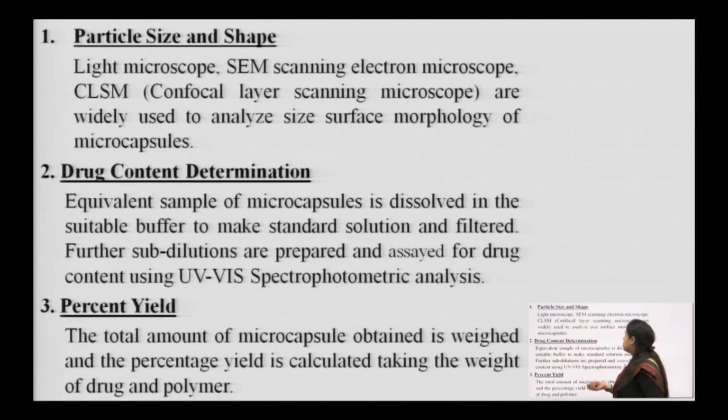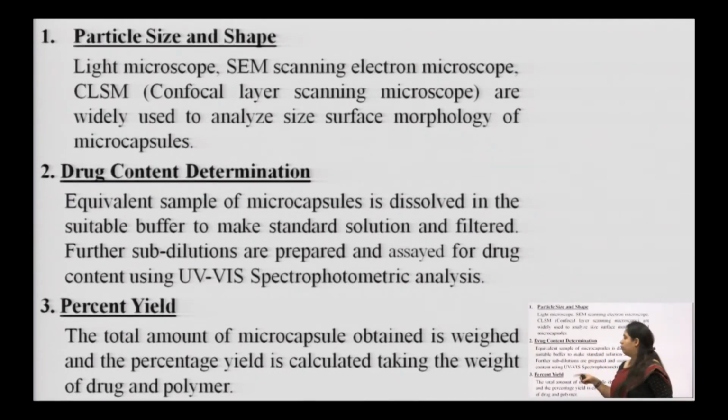So, dissolved in the suitable buffer to make a standard solution and then filtered, because it is not only containing a drug, it is also containing a polymer coating. So, we do not want the polymer to be in the sample for drug content determination, we only want the drug present in the microsphere, or how much quantity of drug is encapsulated in the microsphere.